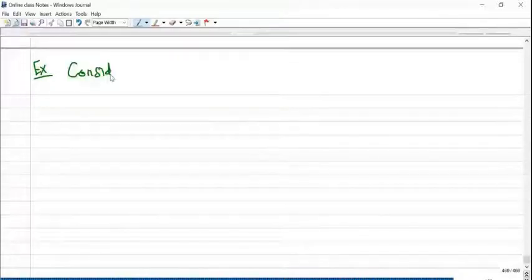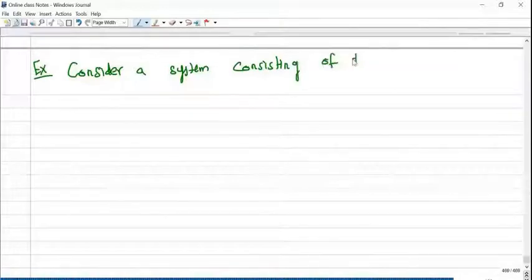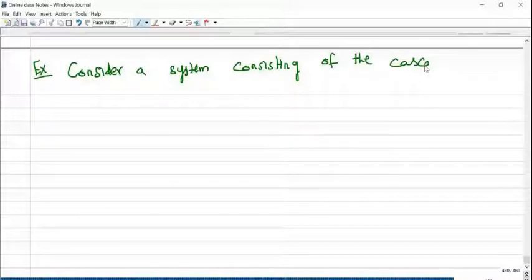Consider a system consisting of a cascade of two LTI systems.